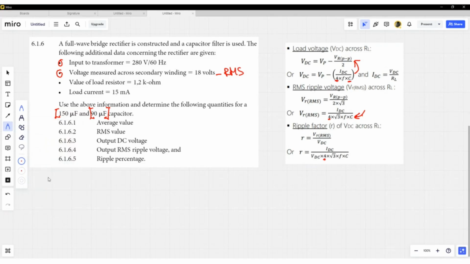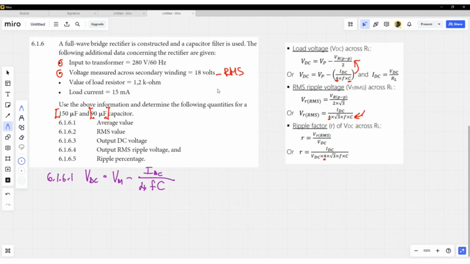Okay, so for 6.1.6.1, oh, what a mouthful. Average value, that's going to be your maximum voltage or peak value minus I_DC over 4fC.